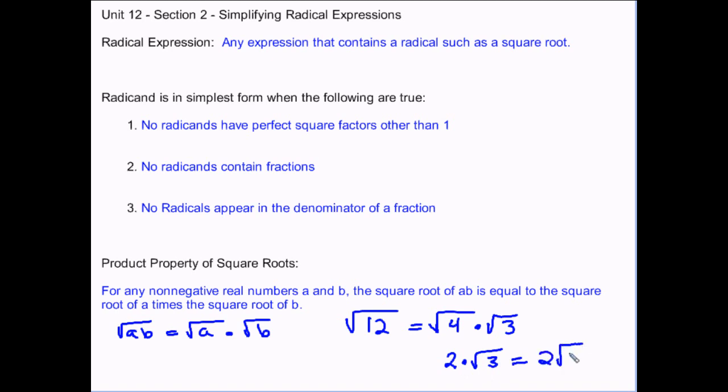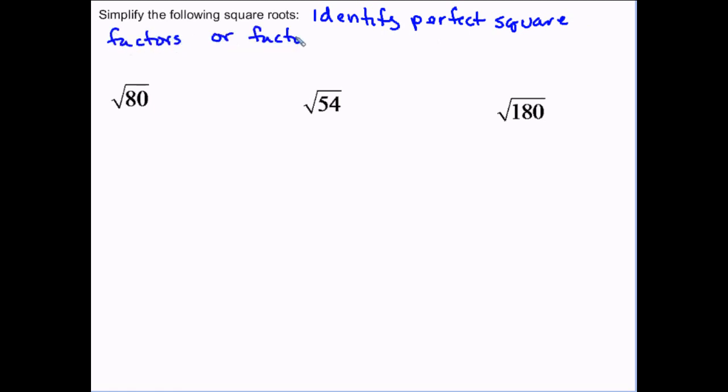So that would be 2 times the square root of 3. And there's a couple different ways to approach this. We can identify perfect squares, or we can factor completely.